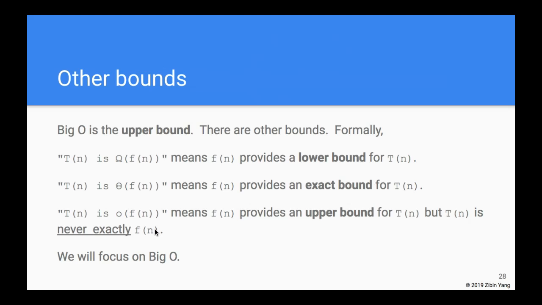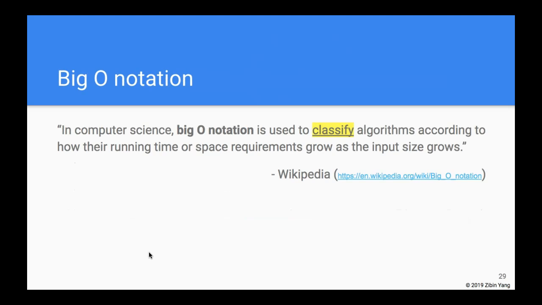But for us, we will focus on just big O, and for very good reasons, because in computer science, the big O notation is used to classify algorithms according to how their runtimes or space requirements grow as the input size grows. And that is according to Wikipedia. So I want to draw your attention to the word classify. What big O is basically saying is that there are classes of algorithms, and we just want to put an algorithm in one of these classes.